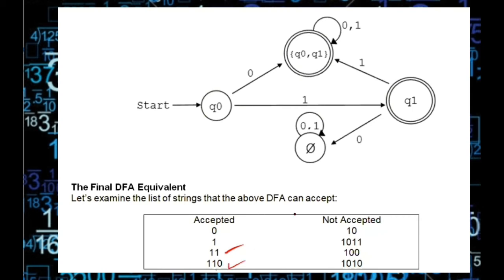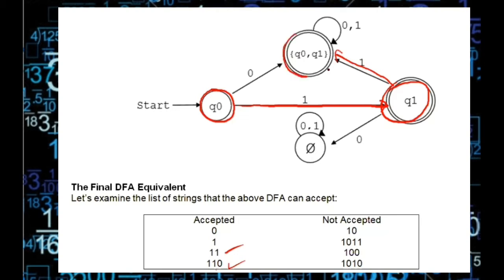1, 1, 0. So, let us check kung accepted. Example. Magsisimula ka sa starting state lagi. Basta pag mag-check ka ng string, mag-input ka ng 110. Isa-isa muna. So, input ka ng 1. Makakarating ka ba? May paputunguhan ka ba? Yes, Q1. Then, pag nag-input ka ng 1, meron ka bang unique state na patutunguhan?